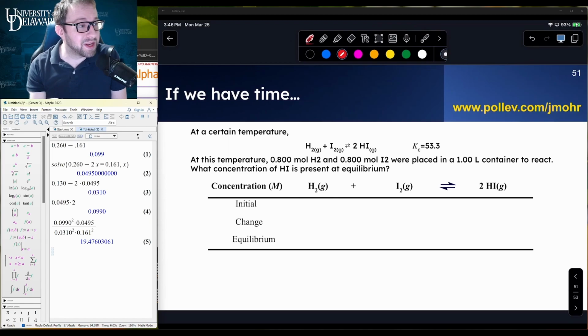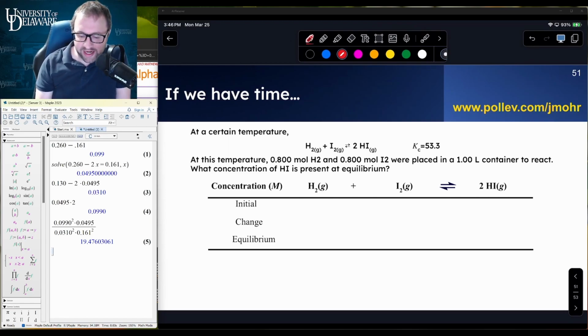All right, so here we have hydrogen reacting with iodine to make hydrogen iodide. Favorable reaction, we can see Kc is positive, which means this will go towards products more so than it goes towards reactants. And we're told initial information, right?